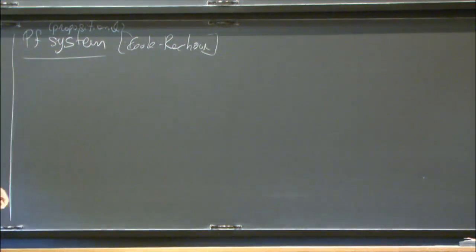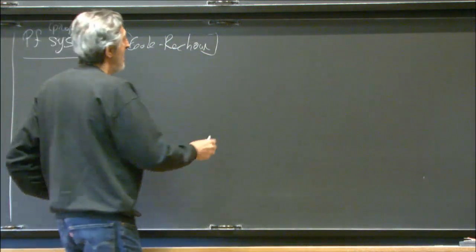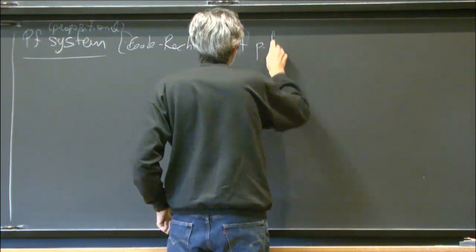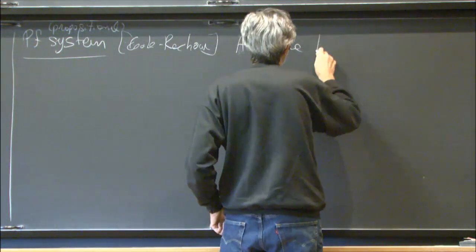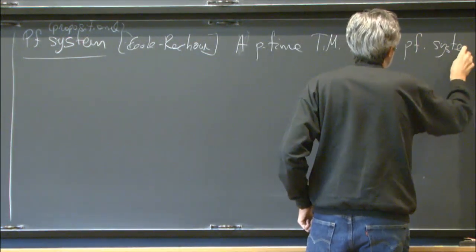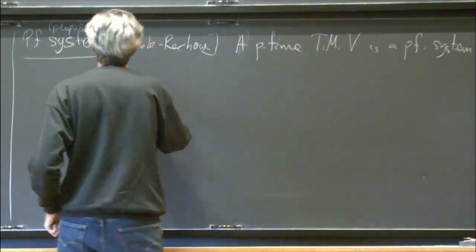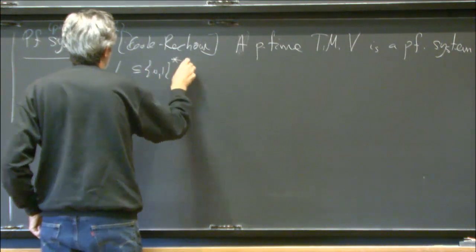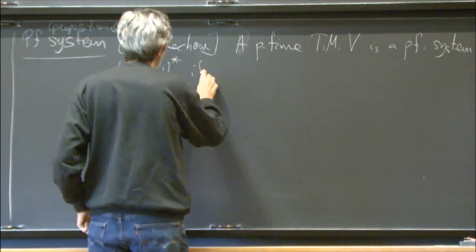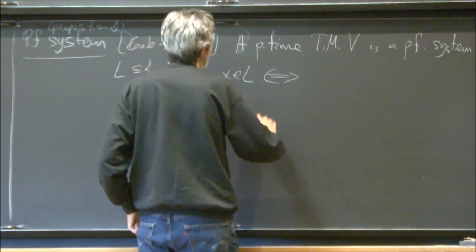I defined it for the language of tautologies, which is the only language we will really care about in proof systems, but you can define it for any language L. So V, a polynomial time Turing machine, is a proof system for a language L if it accepts all proofs for strings in L and rejects all potential hypothetical proofs for strings not in L.